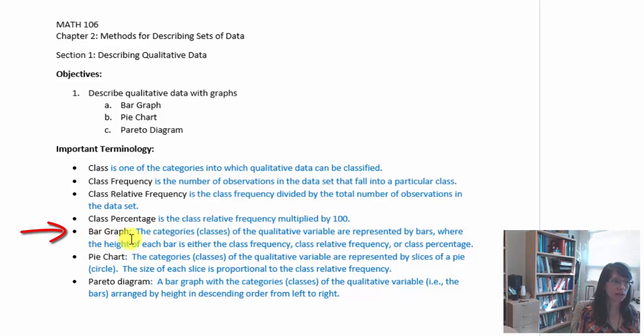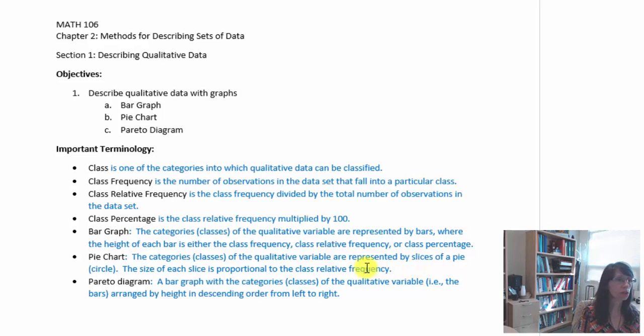A bar graph will take our categories or classes of the qualitative variable and represent them using bars, where the height of each bar is either the class frequency, class relative frequency, or class percentage. The other type of graph we'll talk about in this video is the pie chart. The pie chart categorizes the classes of qualitative variables and represents them with slices of a pie.